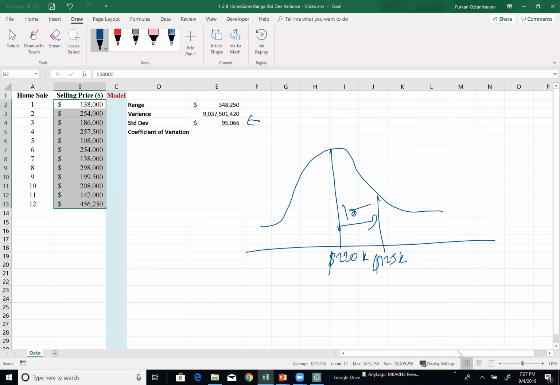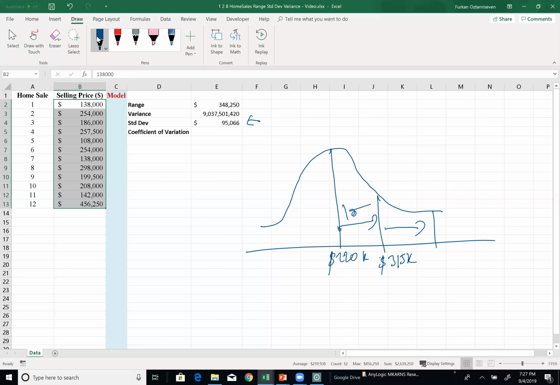Right? Sorry, this is left hand side, right hand side. So I need to add 95,000. Let me just erase this. So I'm going the right hand side, not the left. So if I go here, 95,000 plus 220,000, that's going to give you $315,000. If I go one more standard deviation here, that will give me 95 more thousand.